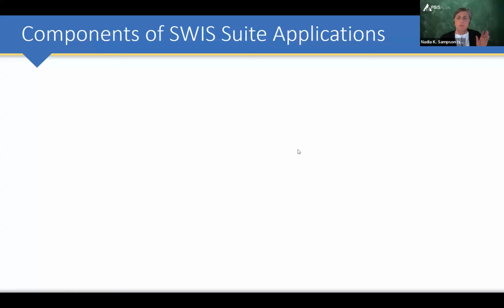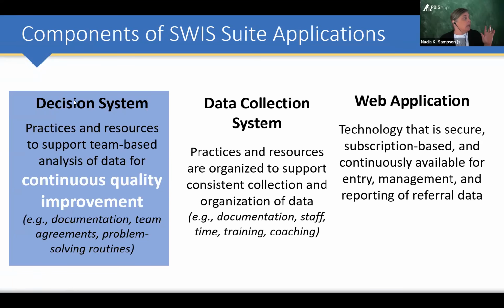I probably said way more than I was supposed to right there, but we like to think of the Swiss suite of applications. Yes, it's a web application. It's also a data collection system, but it really helps us make decisions. It's a decision system. It helps us look at our data and engage in a conversation around continuous quality improvement.